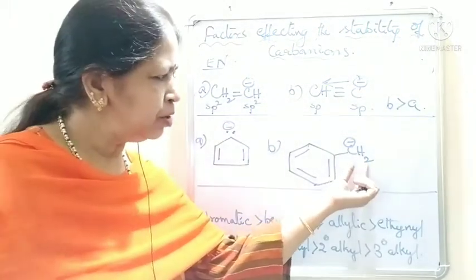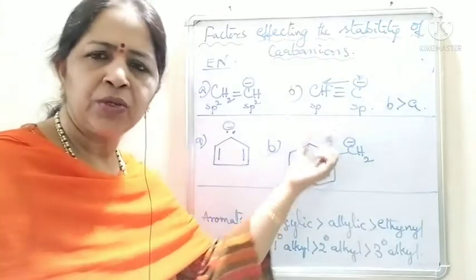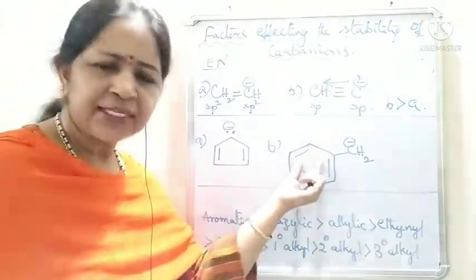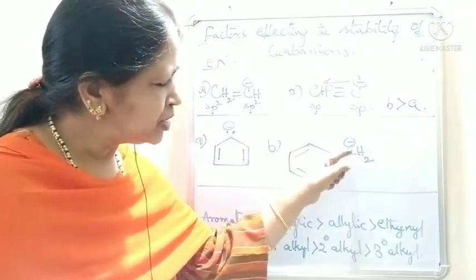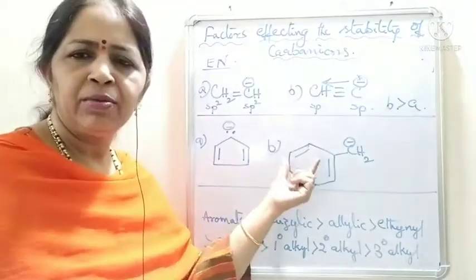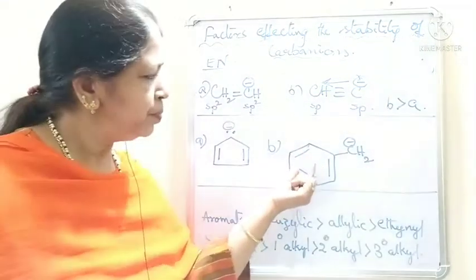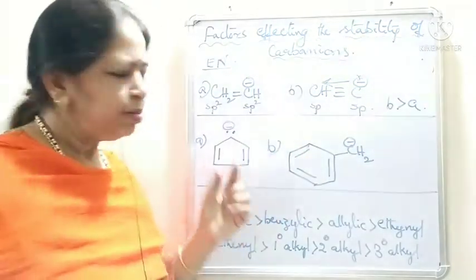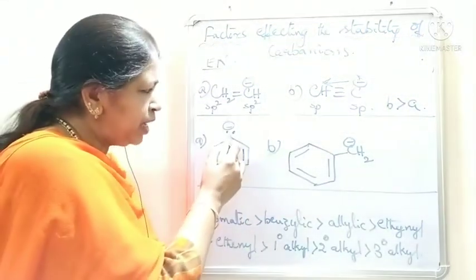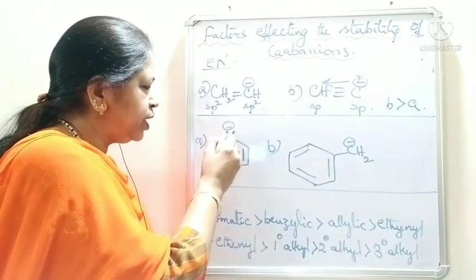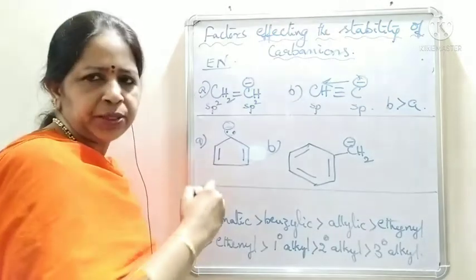This is benzyl group, CH2 group attached to the benzene ring. Benzene itself is aromatic, and this CH2 minus will increase the aromaticity of the benzene ring. But here you see, this lone pair of electrons is involved in the resonance.